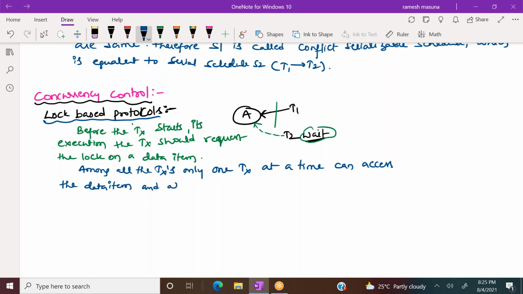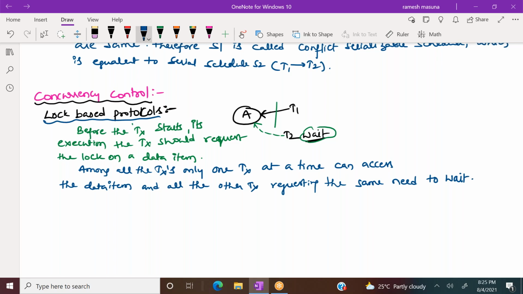And all the other transactions requesting the same item need to wait until the current transaction releases the lock. Such execution is called mutual exclusion.